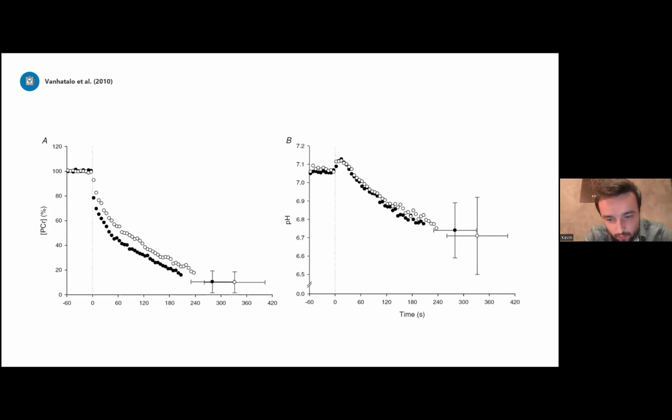Something interesting: what we see if people exercise at a power output above their critical power, at the point of exhaustion, even when that power output is different or the duration of the exercise is different, it seems that within the muscle, people reach a critical metabolic environment. If you look at the concentration of phosphocreatine and the pH level at the moment of exhaustion at the end of two exercises at a different intensity, what you measure is exactly the same concentration or pH.